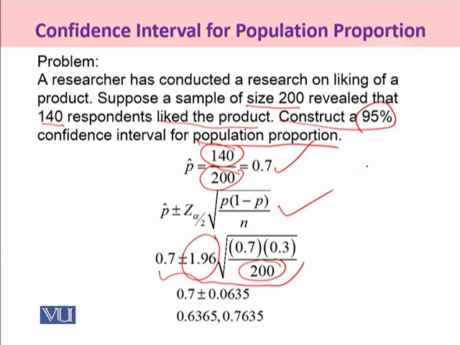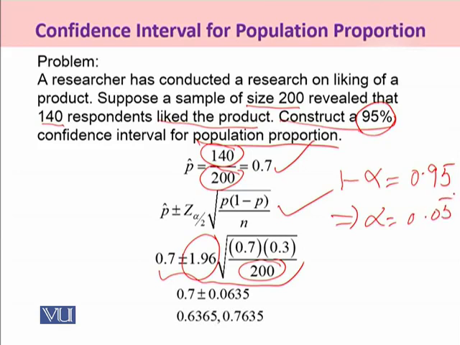So students, in some previous discussion, I told you about the confidence coefficient. The confidence coefficient is what we have for the confidence interval we are constructing. So 1 minus alpha is 0.95. So from here you will get alpha as 0.05.